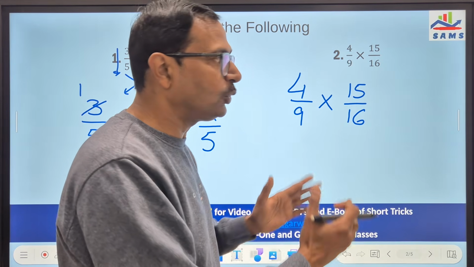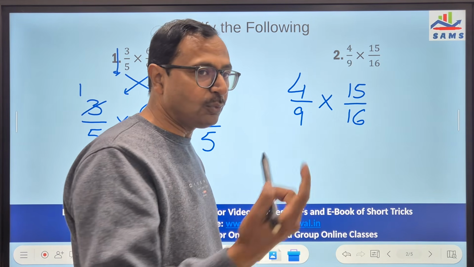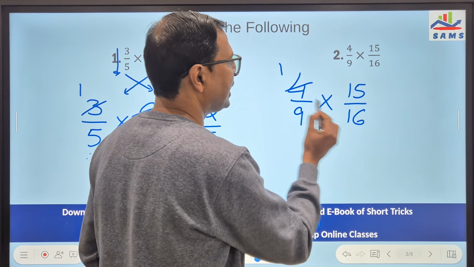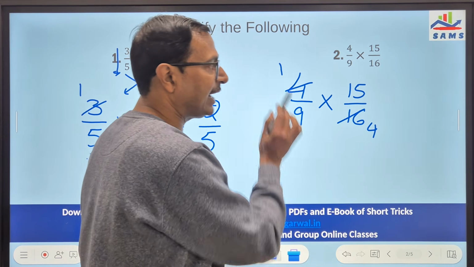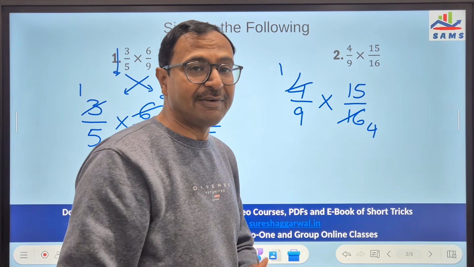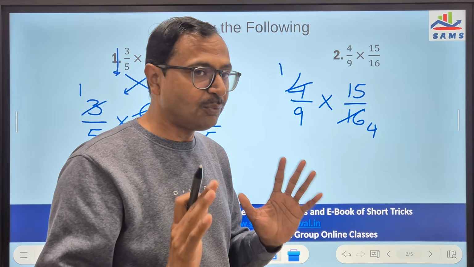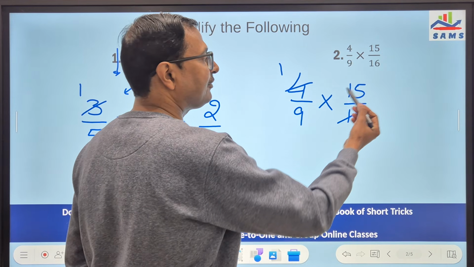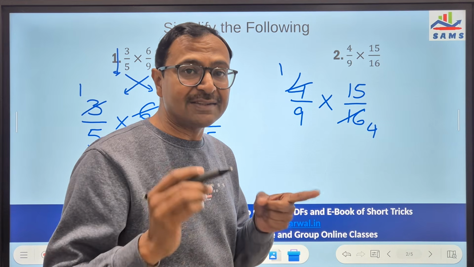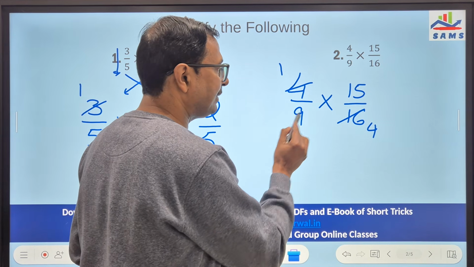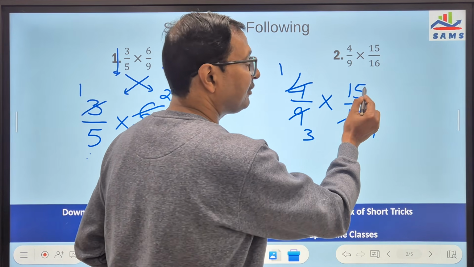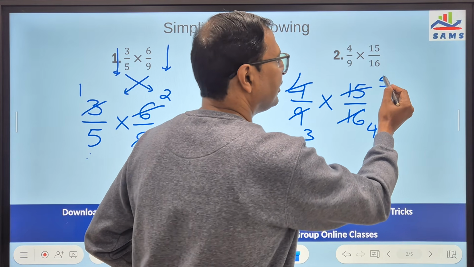So what are we going to do here? 4 and 16, they go into 4. So 4 1 times and 4 4 times. So we write the quotients when we divide both of the numbers by 4. Likewise 9 and 15, I can see there is a common factor 3 between them. So 9 divided by 3 is 3 and 15 divided by 3 is 5.